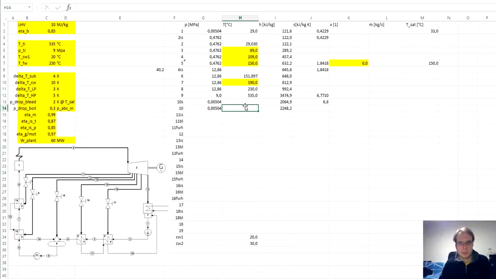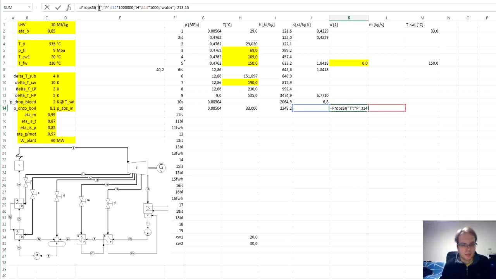Okay, now for the temperature at point 10, we use the same function using pressure and enthalpy as we did, for example, for the point 2. And we can use a similar function to also get the quality of the steam at the outlet.